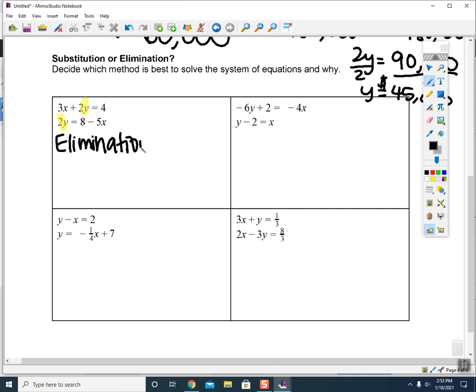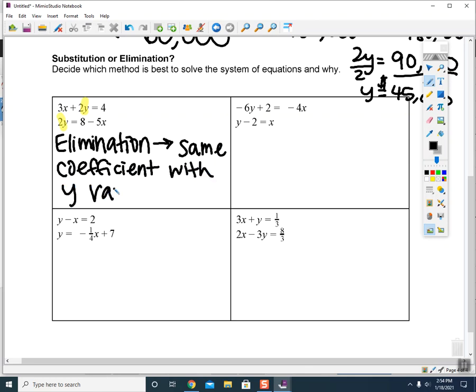I would write explanations here because then you'll know why it is that you chose which one you did. So I would pick elimination because I have the same coefficient with the y variable, right?